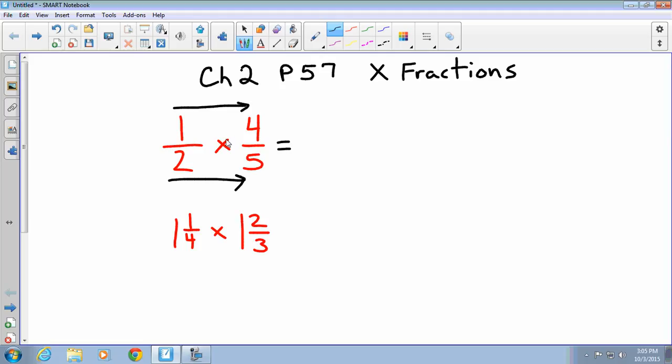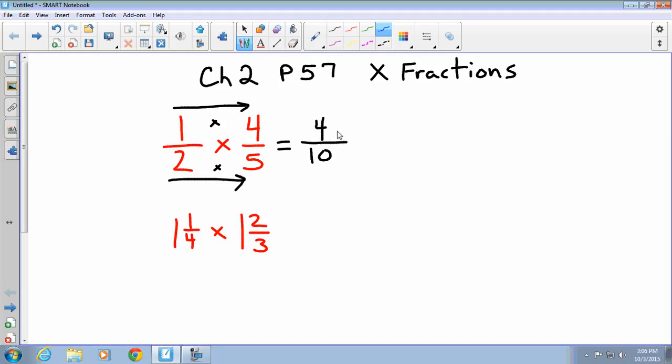So we take 1 times 4 and we get 4, and we take 2 times 5 and we get 10. So we have 4/10. Now we do know that 4 and 10 are both even numbers, so we can take something out of even numbers.